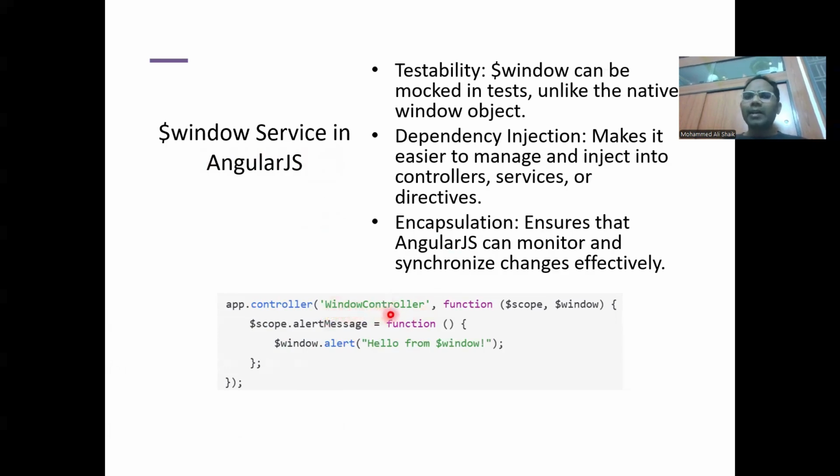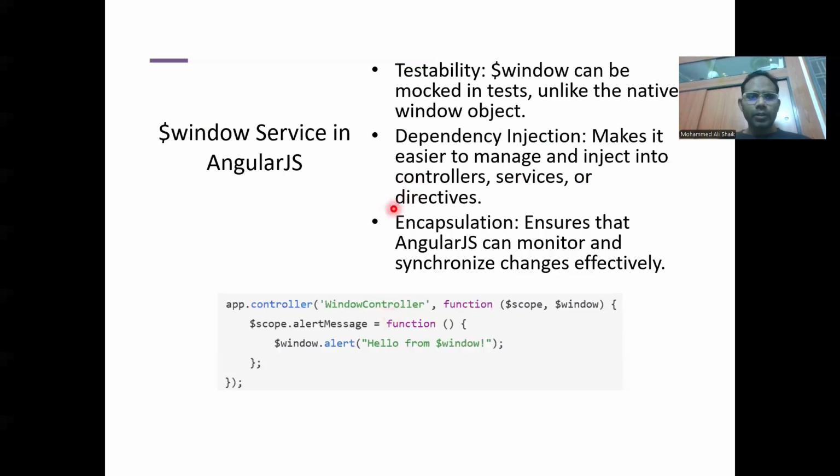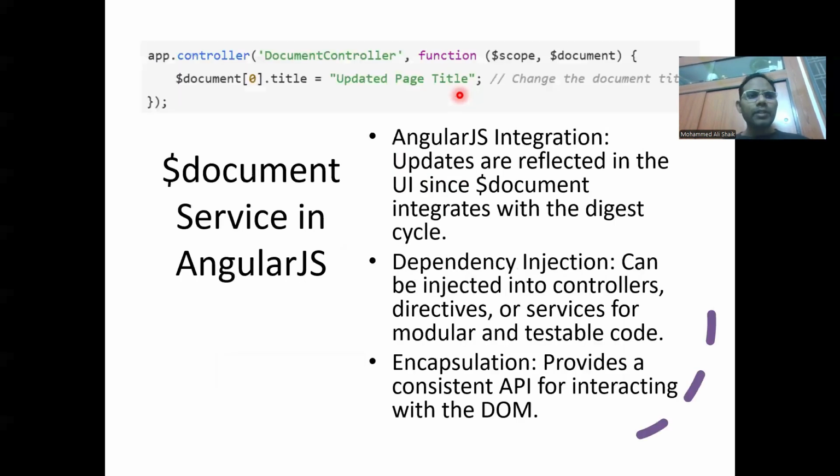Like this, we can write any controller, not only a window controller. In our program, we have written main controller here. This is one sort of $window controller where we are going to implement the code. This is mainly used for testability, in other words, this dependency injection. So let us see the next one.